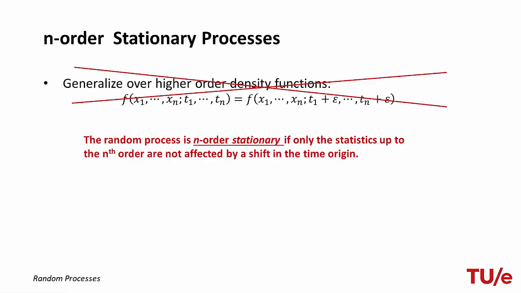Let's consider the ways to relax this condition for strict stationarity. We can define stationarity of finite order, which means a random process is stationary up to a certain order n, but is not stationary for orders of statistics higher than n. A particular case is of importance here: processes that are stationary in second order.